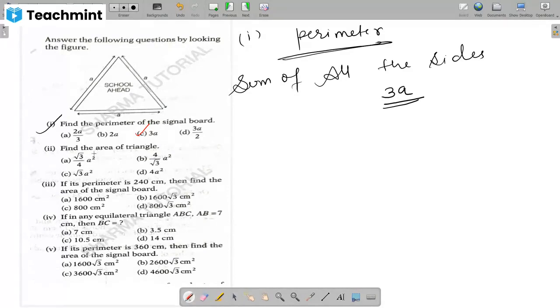The correct formula is root 3 by 4 A square. This is the formula to find the area of an equilateral triangle. But you can also use Heron's formula to find the area. So here the correct option is option A, right?